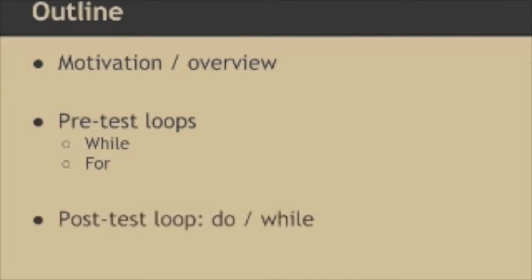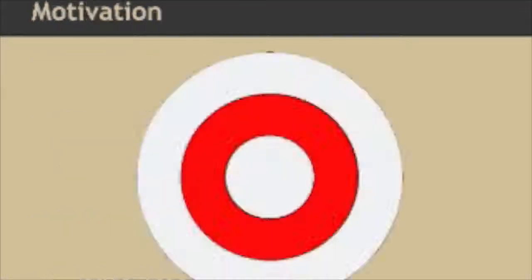And finally, we'll end up with a discussion of the post-test loop in processing, which is called the do-while loop, and also a discussion of nesting loops, where we have one loop inside another. And then the capstone, so to speak, for the whole chapter will be an example that uses nested loops to apply an image filter. So let's begin to talk about why we need to have loops in the first place.